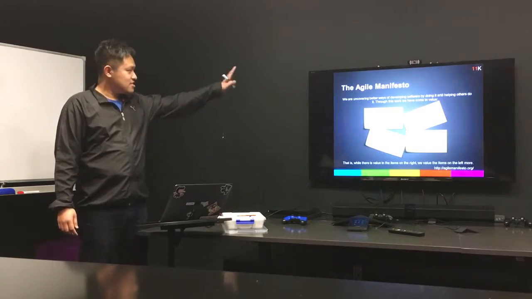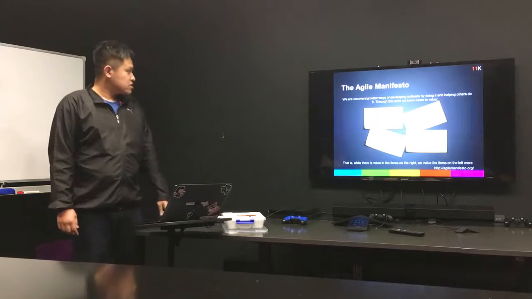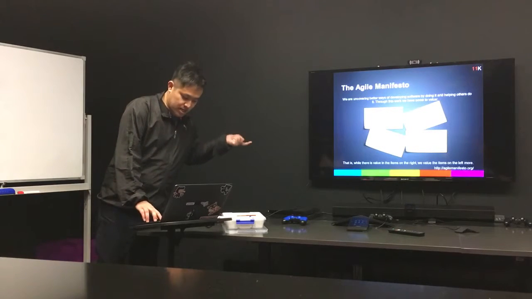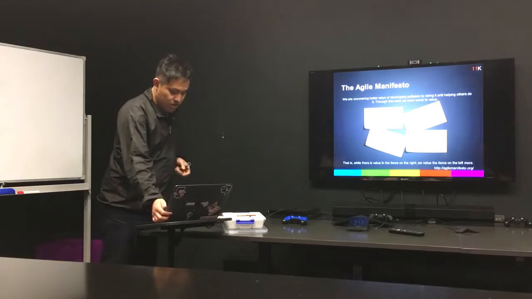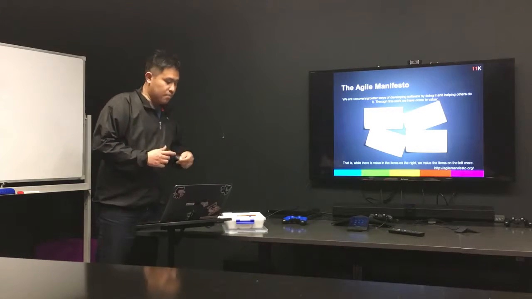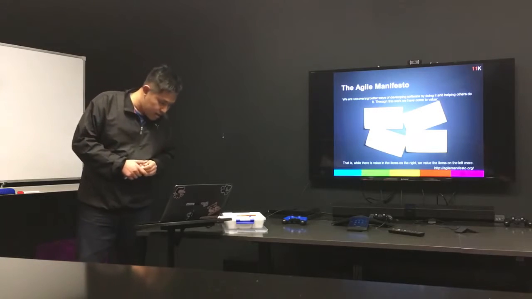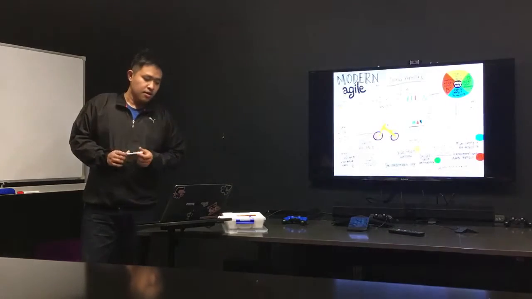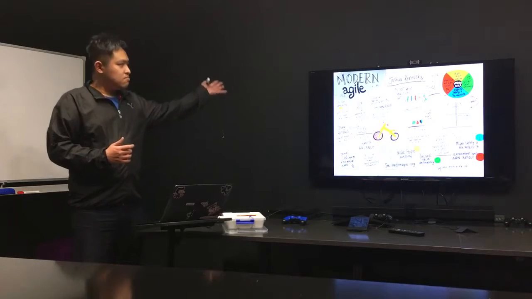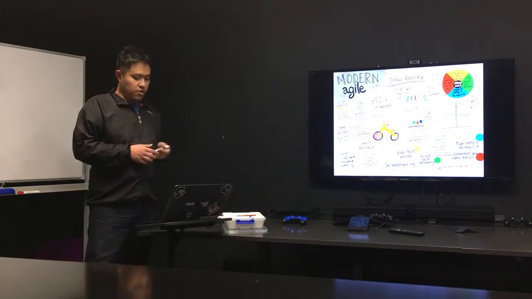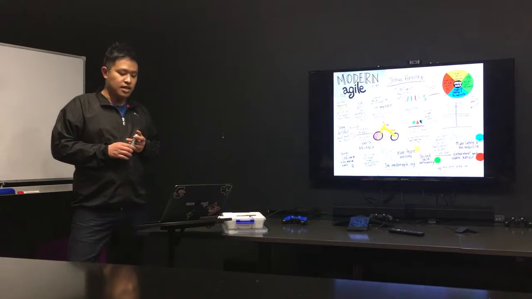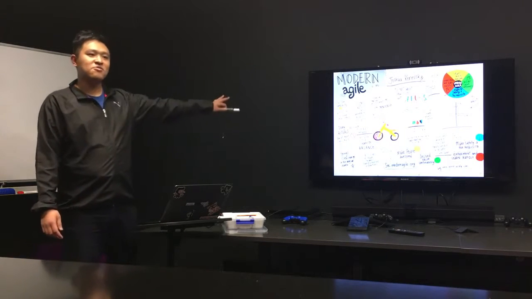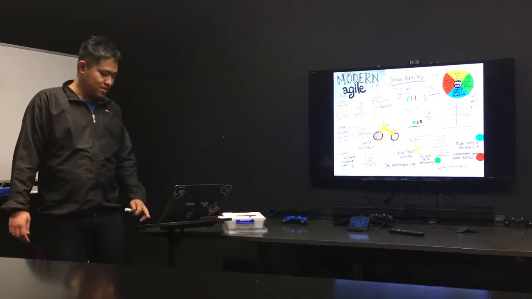Just a refresher, this is the Agile Manifesto, which is basically about individual interactions over processes, customer collaboration over contract negotiation, and most importantly, working software over documentation. This is an idea that's been brought forward by a guy called Joshua Kerievsky, who popularized the term modern agile. There's lots of cool stuff to read there, but I'm not going to focus on this.